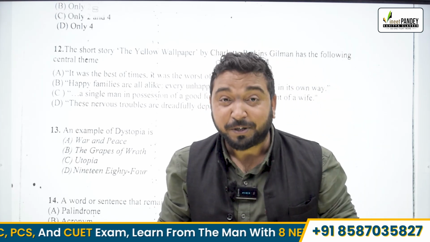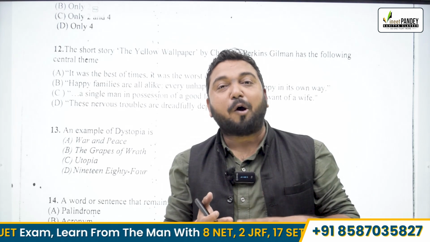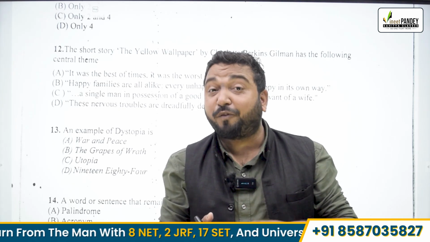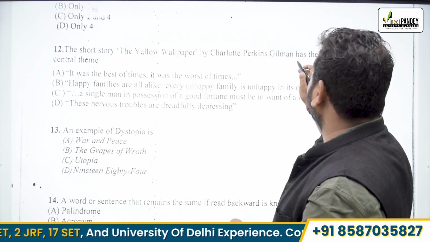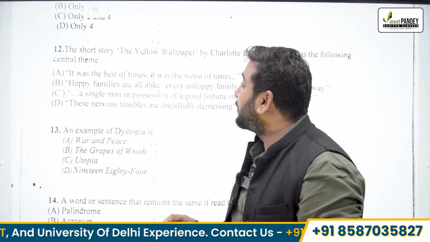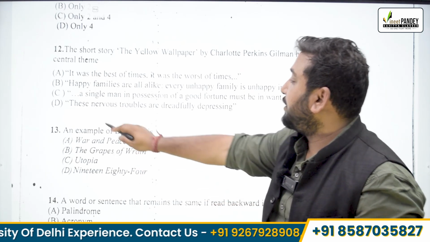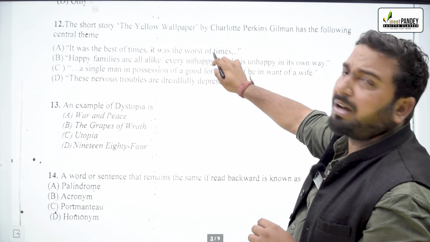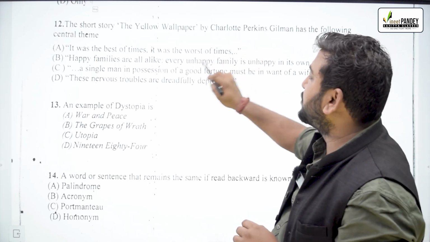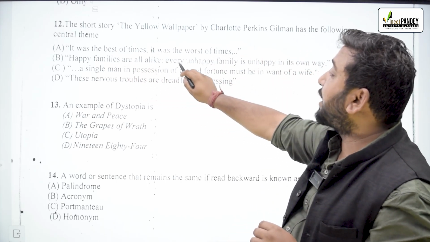The short story, The Yellow Wallpaper. My offline batch must be smiling. We talked about top 10 short stories where we went for Charlotte Perkins Gilman. This is the story, The Yellow Wallpaper. It deals with the nervous troubles, dreadful, depressing. See, that is another story. Charles Dickens, Tale of Two Cities. This one is for Anna Karenina.